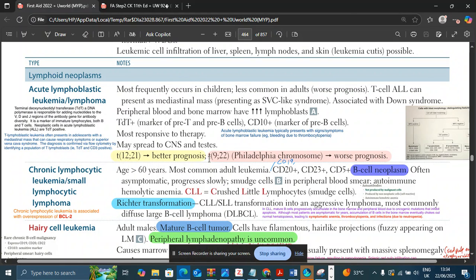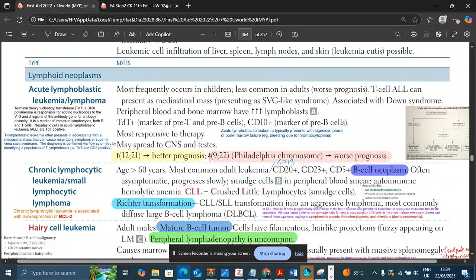It is a malignancy of mature B lymphocytes, and those B lymphocytes will be CD19, CD20, CD23, and CD5 positive. These CD19, 20, 23 are the markers of mature B cells. So those neoplastic B cells will be CD19, 20, and 23 positive.